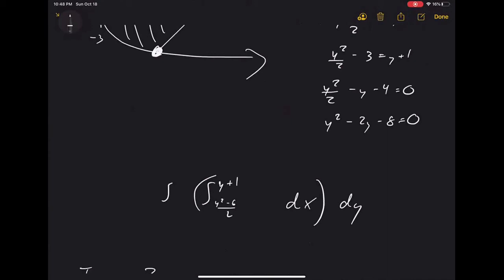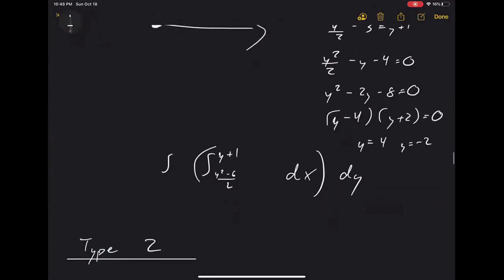Let's see, can we factor this? How about y minus 4 and y plus 2? Does that work? Yeah, that works. So our intersection points are when y equals 4 and y equals negative 2. So those should be my bounds for y.